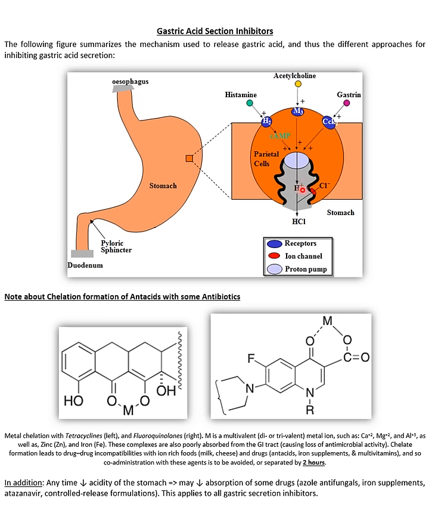So today we'll talk about the antihistamine, basically the histamine receptor type 2, and the proton pump inhibitors. In fact, these are the two most commonly used medications for inhibiting the gastric acid.